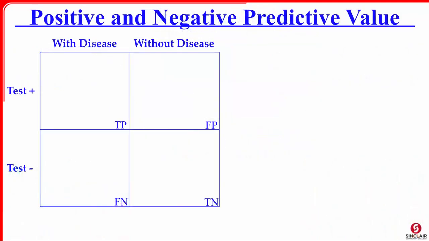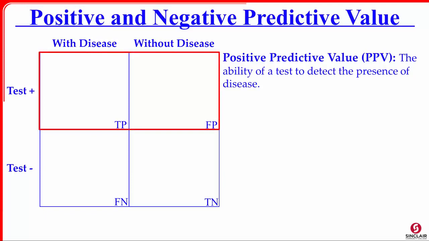Now let's switch over and talk about positive and negative predictive value using the same grid. Now positive predictive value is the ability to detect the presence of disease. It measures the probability of having the disease when the test is positive.